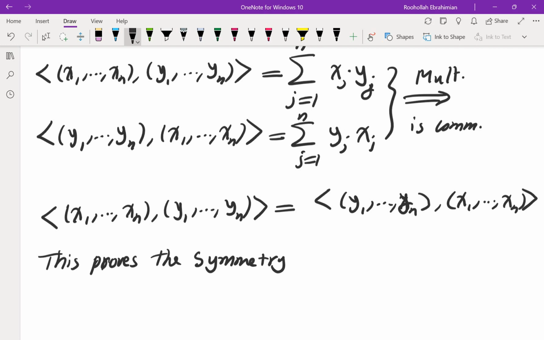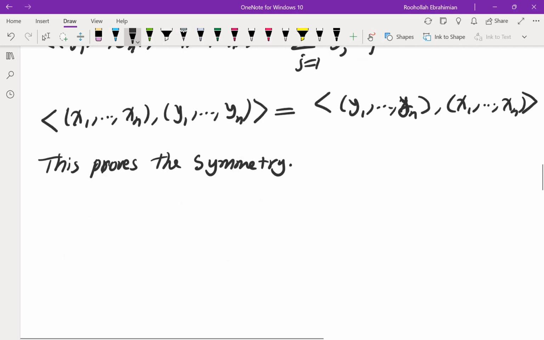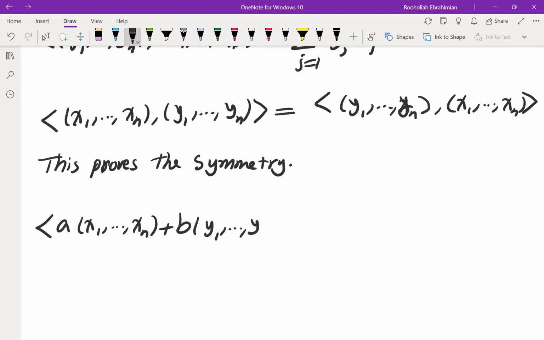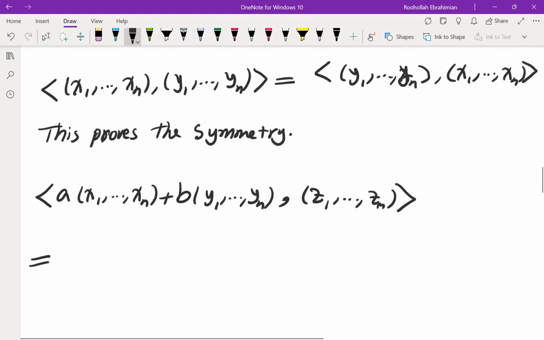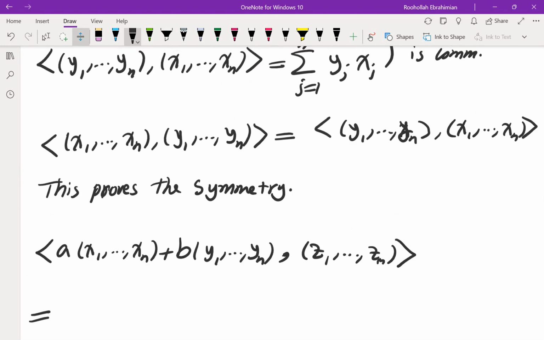Okay, now we'll have to do the linearity. So we'll take a times x1 through xn plus b times y1 through yn, comma, z1 through zn. So this equals, first, let me start with writing down what a is, because if I'm using variables, I'll have to first start with defining them.